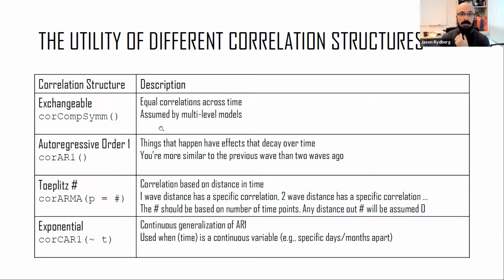What an exchangeable structure does is it estimates one correlation to say, all right, you have observations coming from different time points, coming from the same individuals over time. What if there was one correlation that could reflect how repeated observations are related to one another?